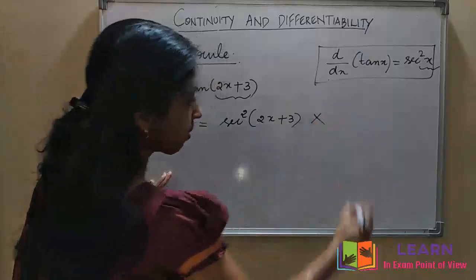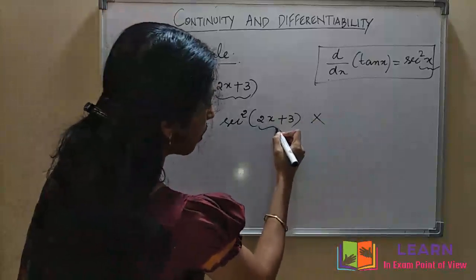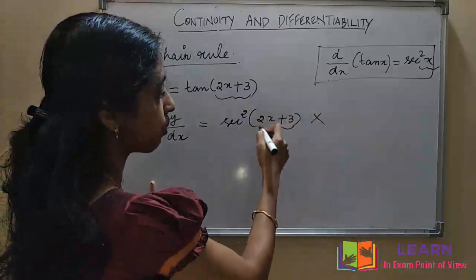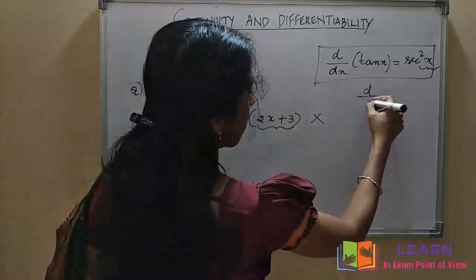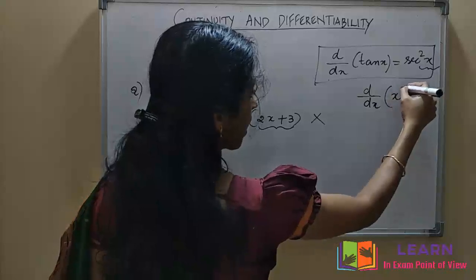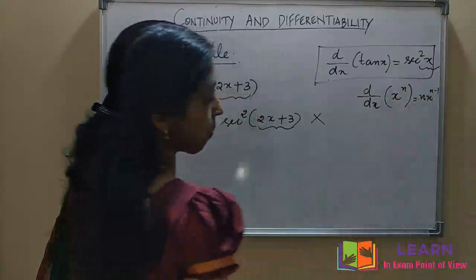Then you put a multiplication sign. It is not completed yet. Now we need to differentiate the bracket. In the bracket we have 2x. That means d by dx of x: x raised to n we have studied, that is n x raised to n minus 1.